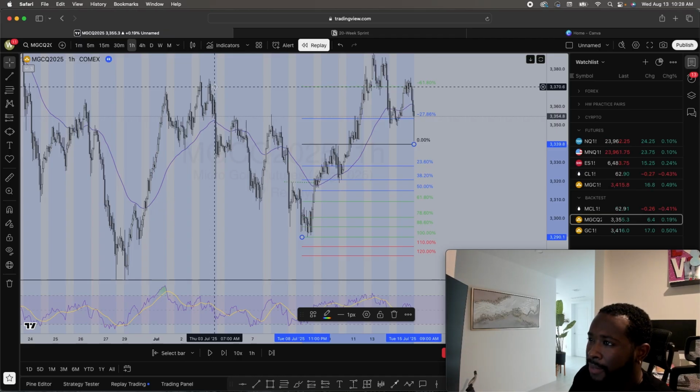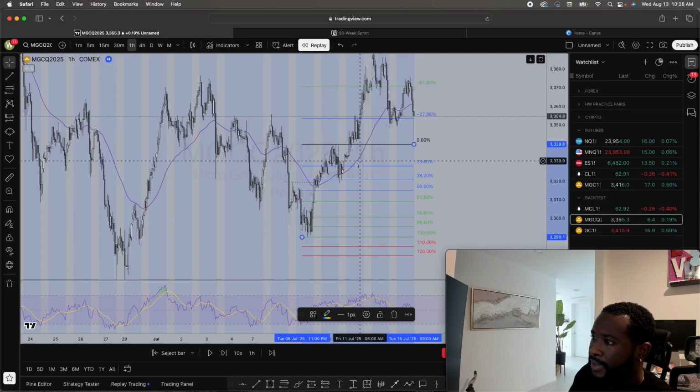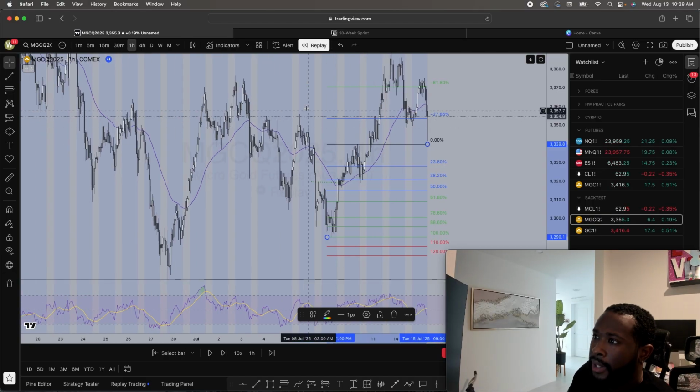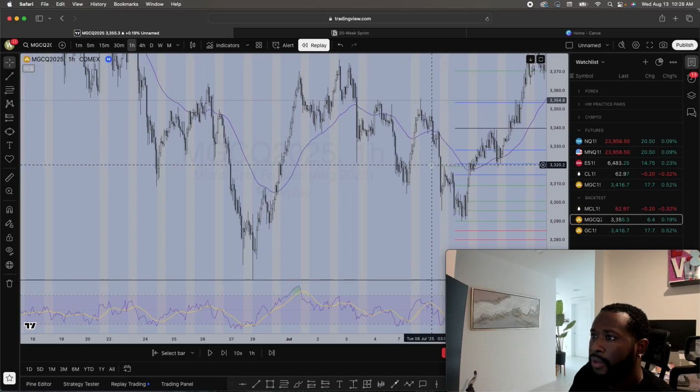So I look for those types of things when it comes to picking where my TP would be. So in this instance, since it hit the 38.2, I would have gotten out of the trade at the negative 27.86, and I would have called it a day. No questions asked.